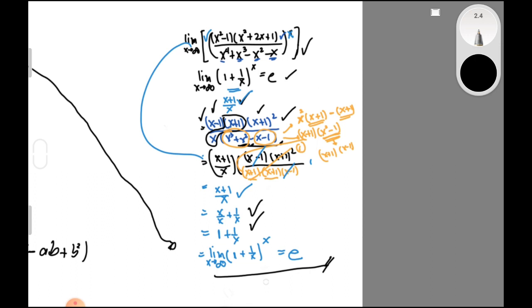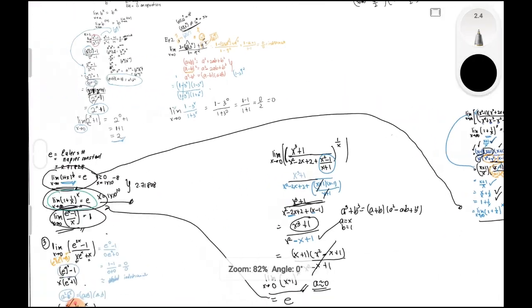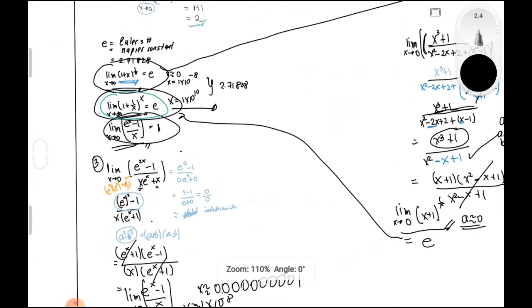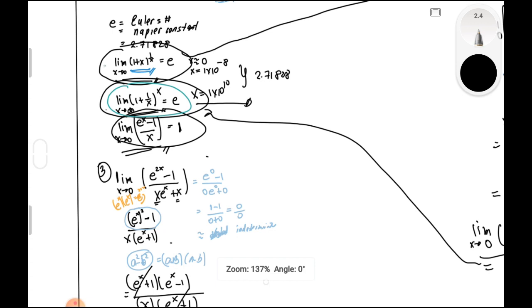pwede nating i-combine lahat ng limits na yan. Okay? So katulad nito, pwede kong i-combine yung limit ng x approaches 0 kasi pareho silang limit. Okay? So therefore, pwede nating limit of this one multiplied by this one, which is equal to e. Di ba? Pag kinuha mo yung product nilang dalawa, e ang sagot niya, because e multiplied by 1 is equal to that number itself.